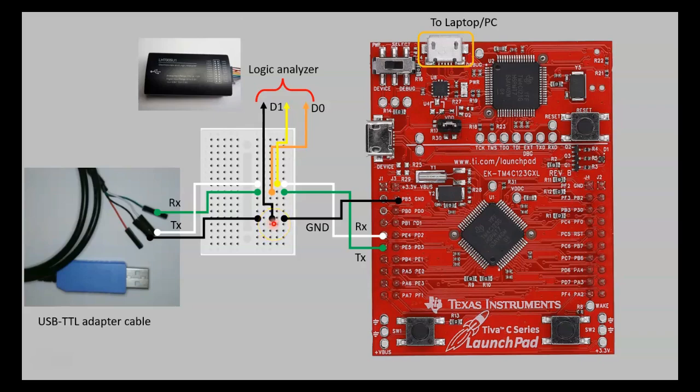And then for this demonstration, PE5, which is the transmit part of the board, is also connected to the D0 channel of the logic analyzer. And D1 of the logic analyzer is connected to the receive signal of the board, or PE4.